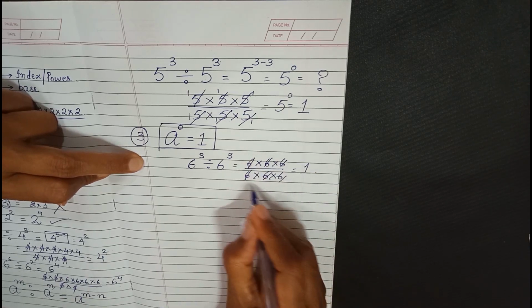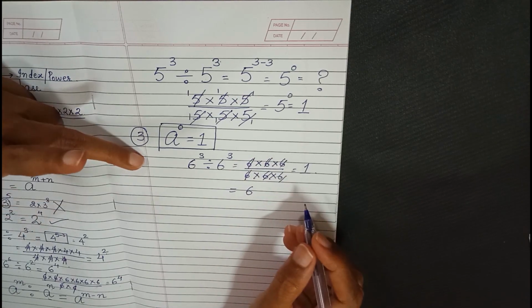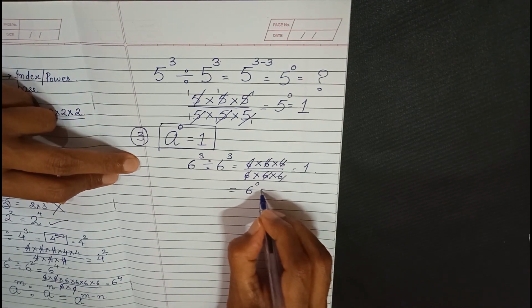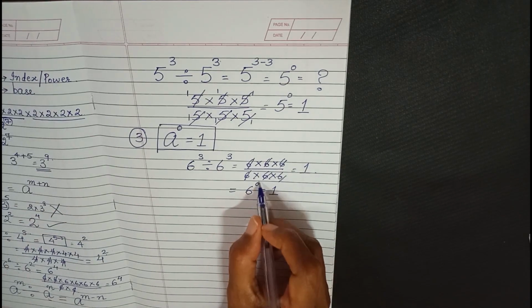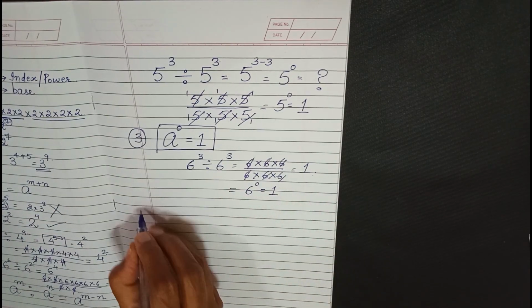But if I want to write this as indices, how many times is 6 remaining here? Nothing, that is 6 raised to 0. From here therefore we get the formula that 6 raised to 0 is equal to 1. So this is the third formula.